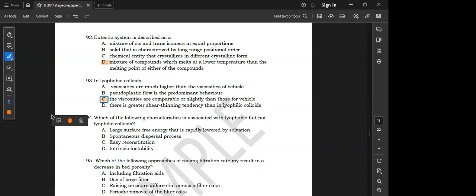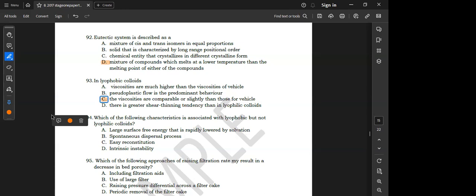Lyophobic colloids tend to show shear thinning behavior as their viscosity decreases, while lyophilic colloids may exhibit shear thickening. So lyophilic, shear thickening; lyophobic, shear thinning. D is right. Are you sure? Hiral, have you understood the differences that you sent? Maybe you can explain it to us.